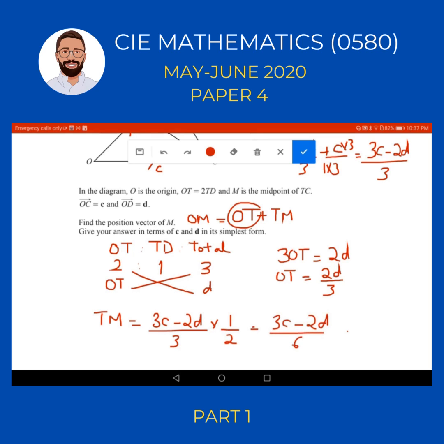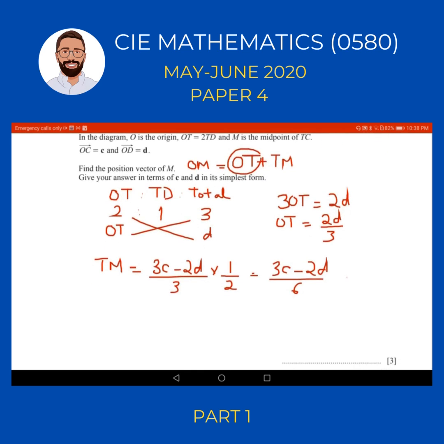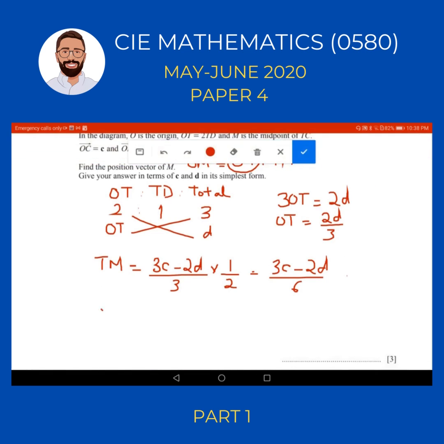So that's TM. Now back to the equation, OM is OT plus TM, so OM is 2D over 3 plus (3C minus 2D) over 6.